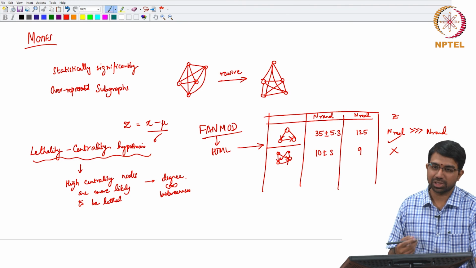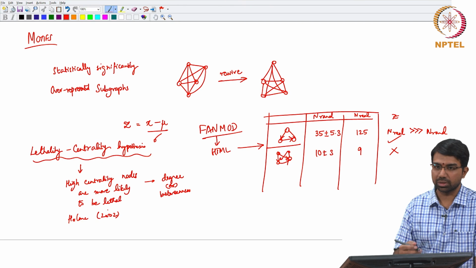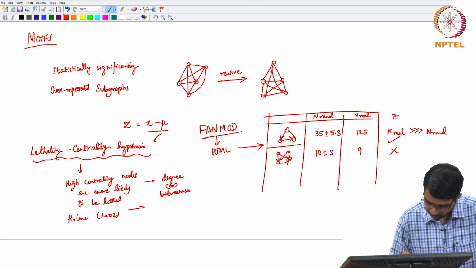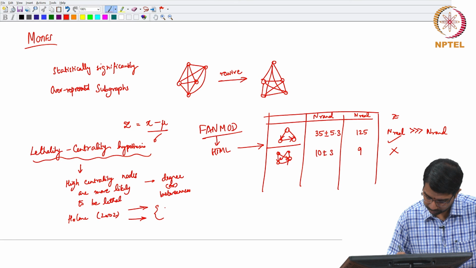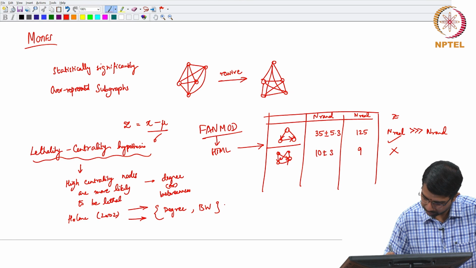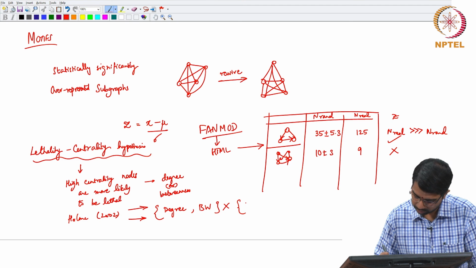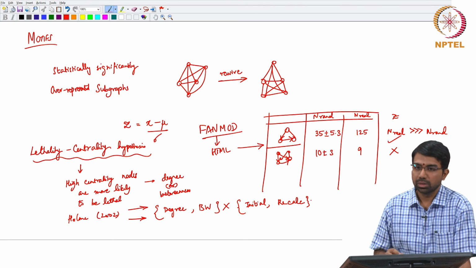So, people evaluated this strategy. There is a classic paper by Peter Holme, I think it is 2002. I have posted this paper. What they did was they tried two strategies: degree and betweenness.